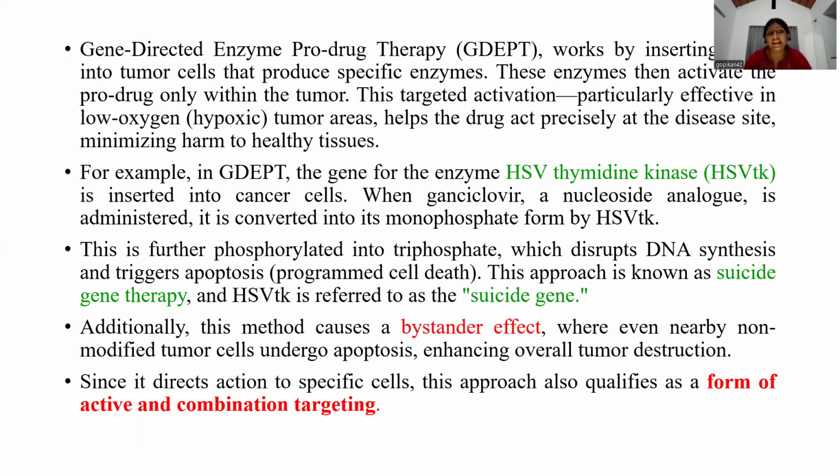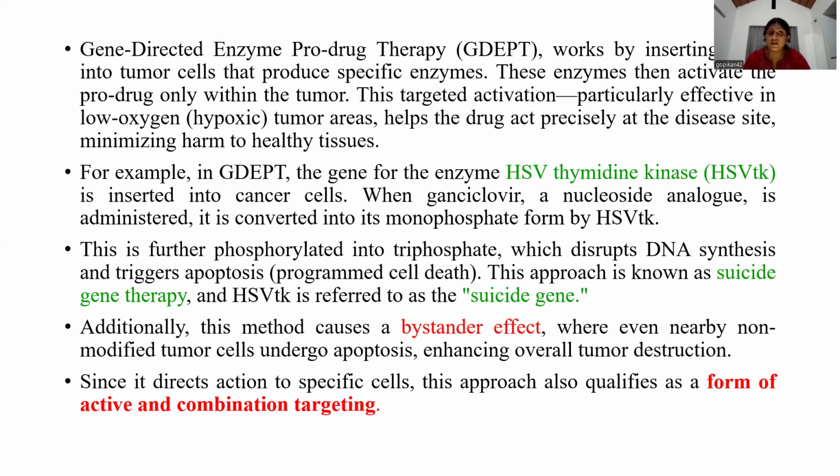And also, for example, in GDEPT, the gene for the enzyme HSV thymidine kinase is inserted into cancer cells. When ganciclovir, a nucleoside analog, is administered, it is converted into monophosphate by HSV-TK. And this is further phosphorylated into triphosphate, which disrupts the DNA synthesis and triggers apoptosis.